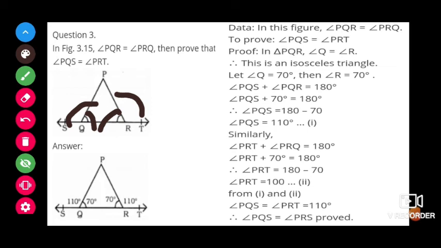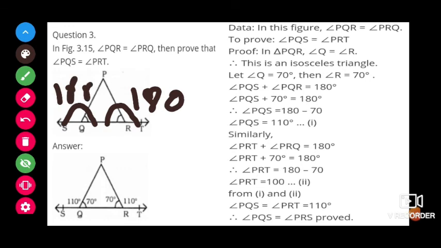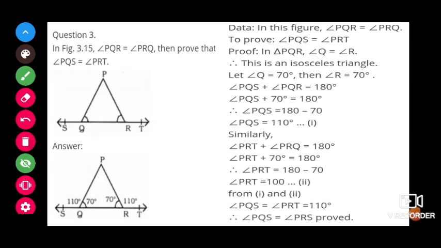So this is a straight angle, and this is also a straight angle, that is 180 degrees. In this 180 degrees, the interior angles are equal. Automatically the exterior angle will be 180 minus the interior angle, so we will get the exterior angles also the same. That's what we are going to prove.